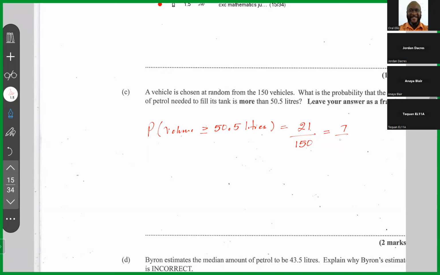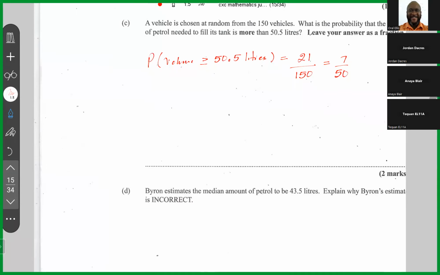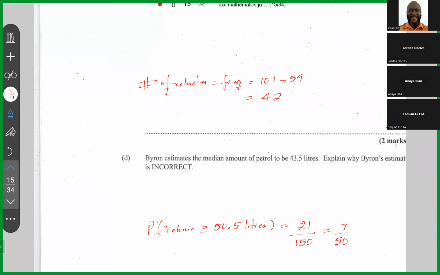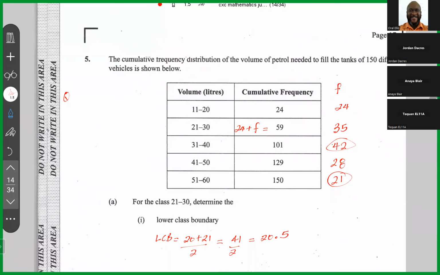Now it says Byron estimates the median amount of petrol to be 43.5 liters. Explain why Byron's estimate is incorrect. For grouped data, the median Q2 is the N over 2 value.